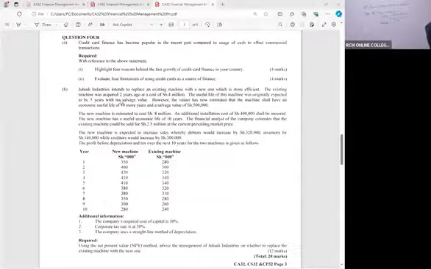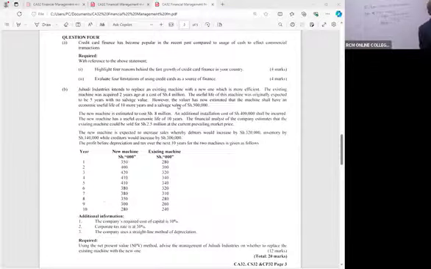The existing machine was acquired 2 years ago at a cost of 4 million. The useful life of this machine was originally expected to be 5 years with no salvage value. However, the value has now been estimated that the machine shall have an economic useful life of 10 more years and a salvage value of 500,000. You see, the existing machine has a salvage value.